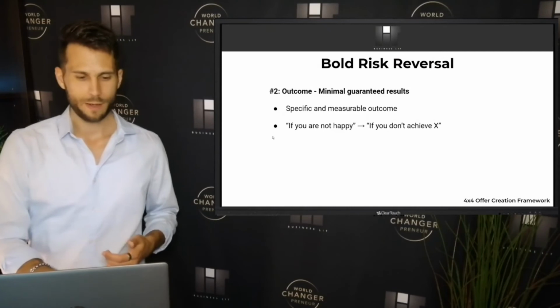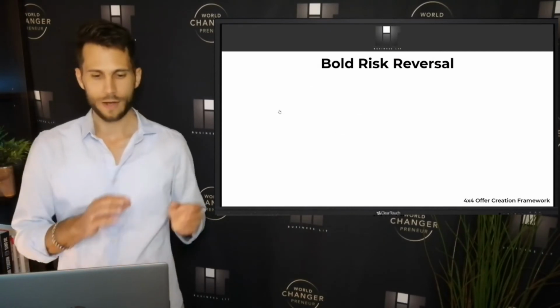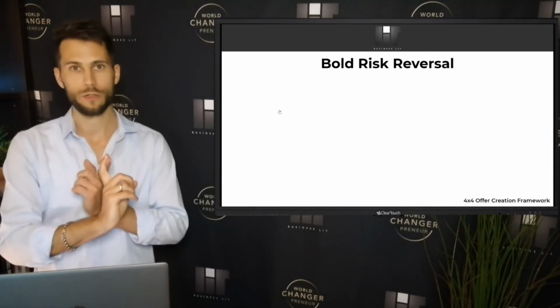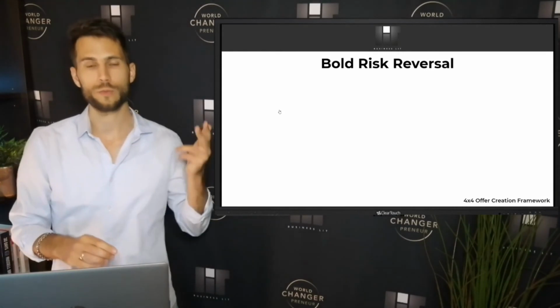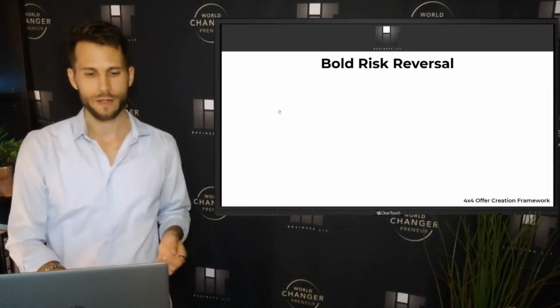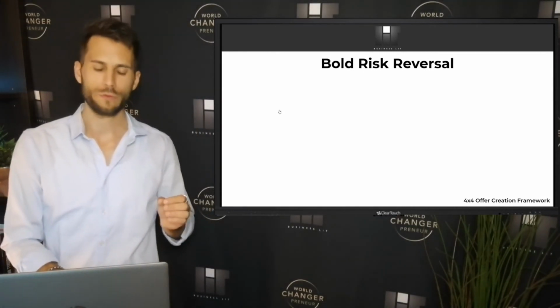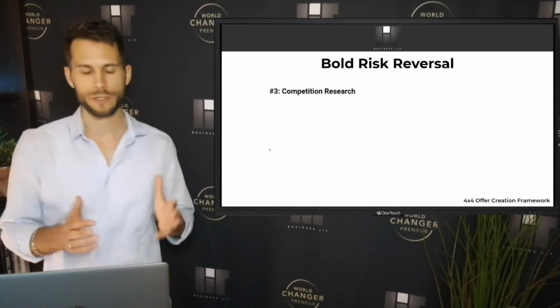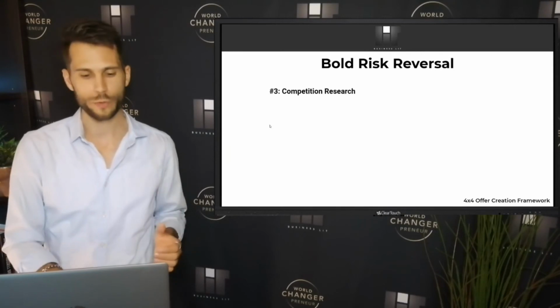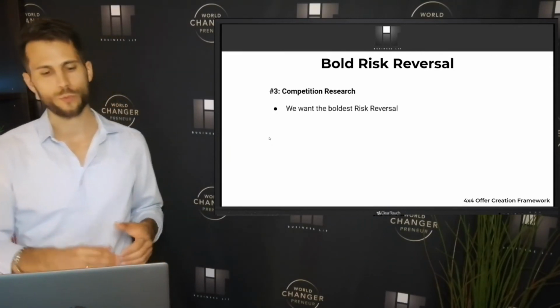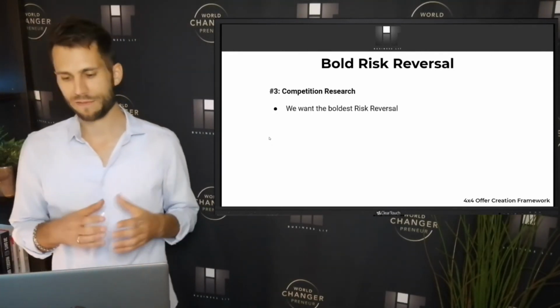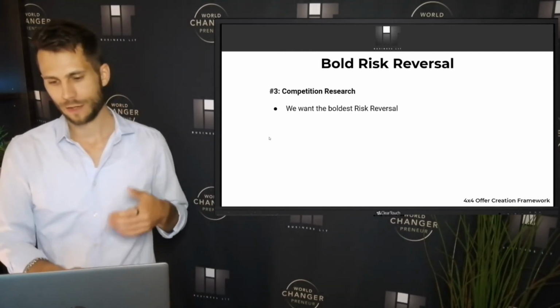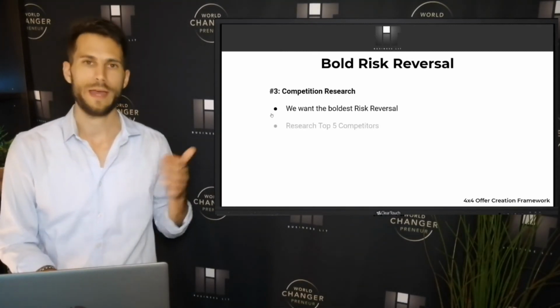So the next option is where we are now. The first step was we look at the domino effect. Number two was we look at the minimum guarantee. But very important for bold risk reversal is that we also look at what our direct competition is doing. So we're going to look at our top 5 competitors, and we want to be bolder than all of these.